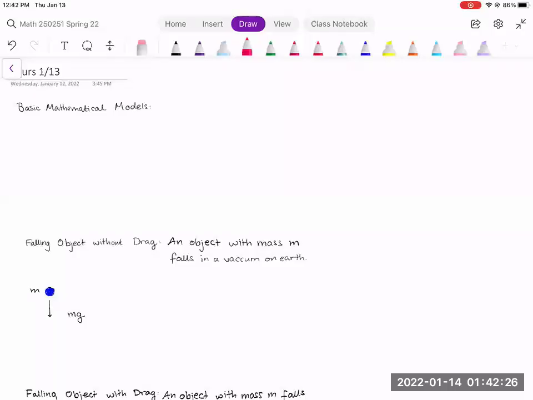All right. So today we're going to be talking about some basic mathematical models. When we're trying to model some kind of situation, there are going to be a couple of steps that we take. One of the first things that we're going to do is figure out what are we measuring?